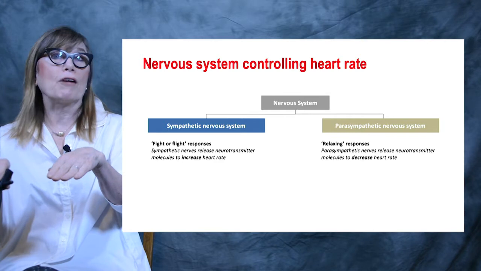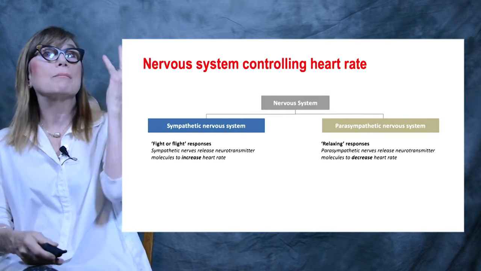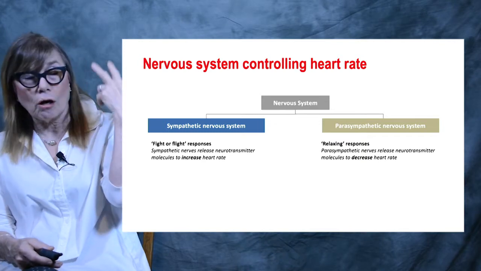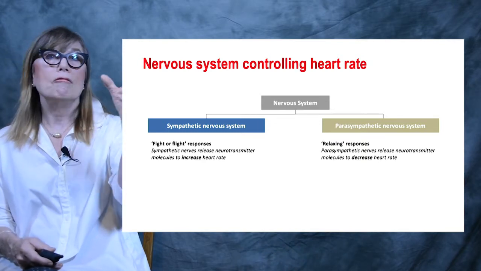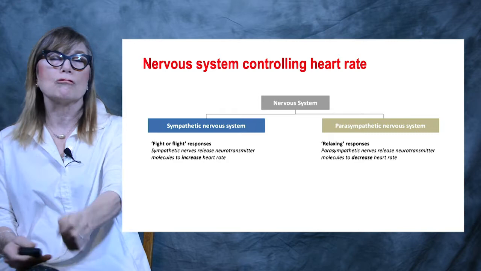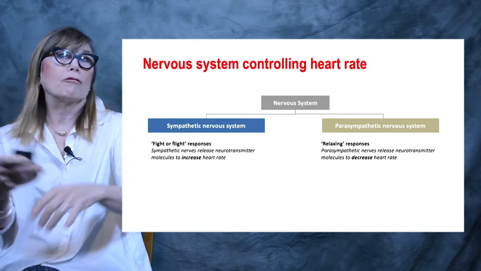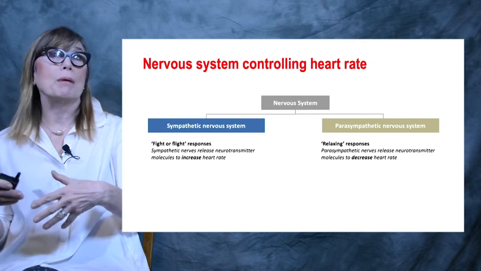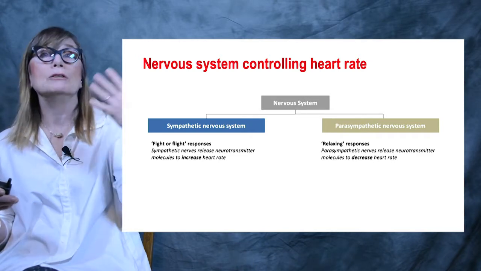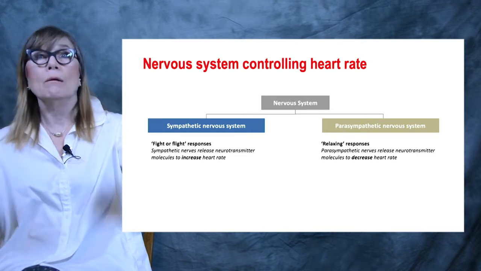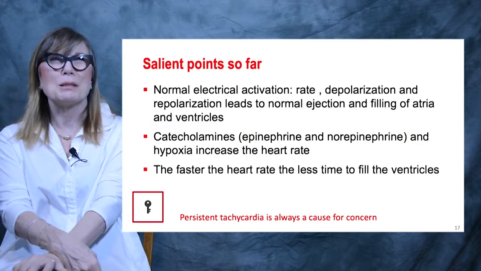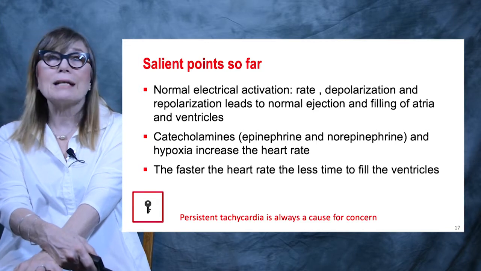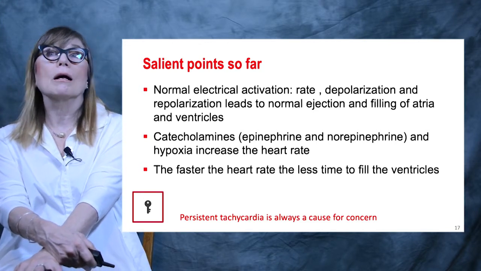But we frequently will see that we're very sympathetically heavy in critical illness with tachycardia, hypercontractility, vasoconstriction, venoconstriction. So very important for us to consider that whenever we come to the bedside and as we're giving patients exogenous catecholamines, norepinephrine and epinephrine, and what that does to cause the response. So our salient points so far are: we would like to always have normal electrical activation.